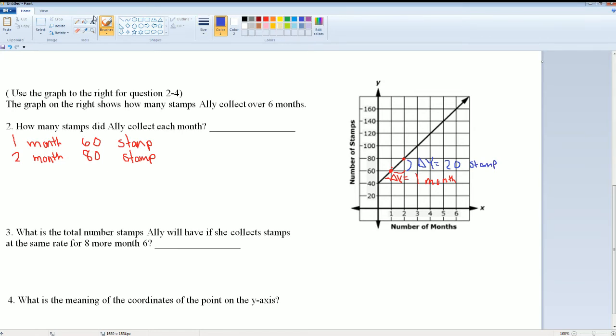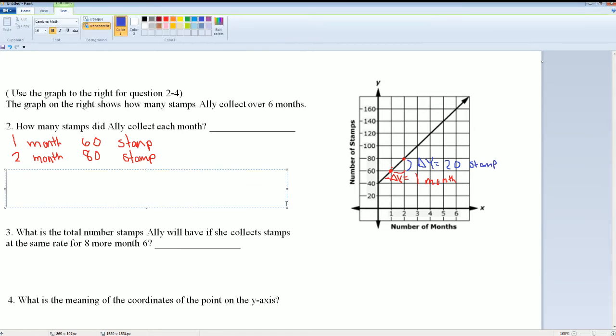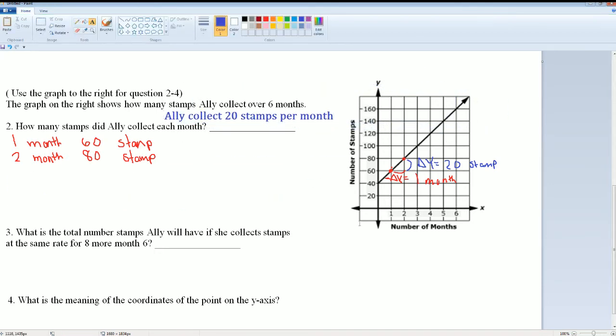So we can say here that Ali collects 20 stamps per 1 month. You don't have to write per 1 month, you could say per month. You would say that Ali collects 20 stamps per month, based on just getting the slope.